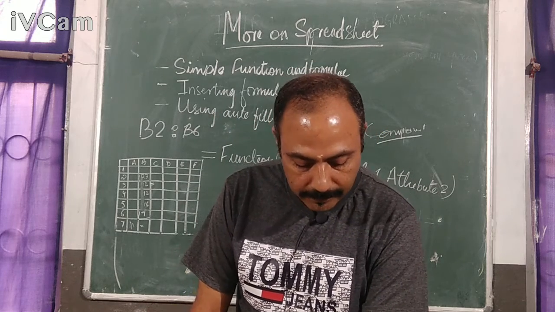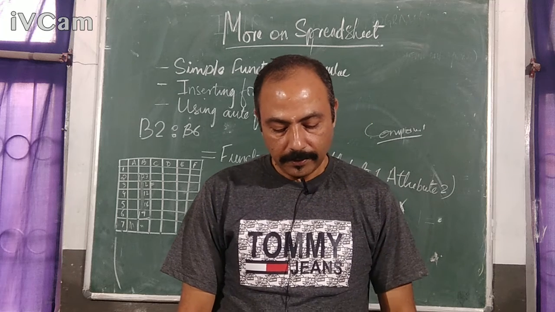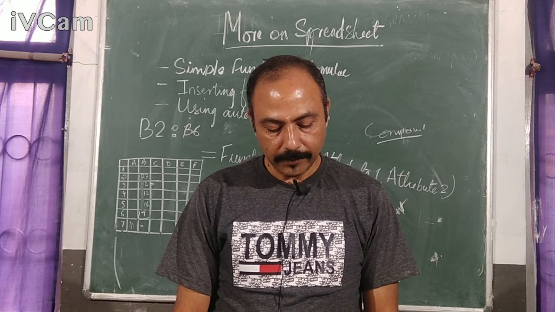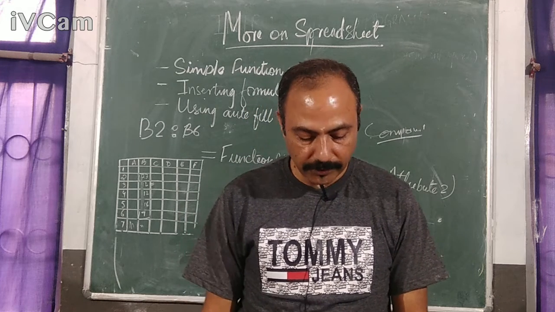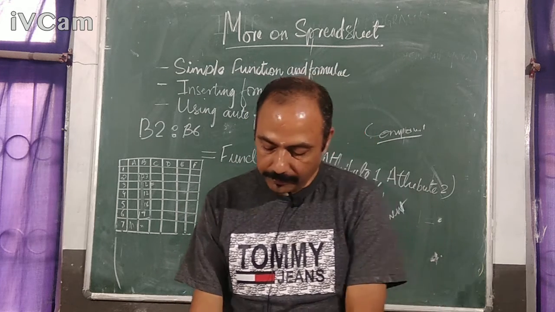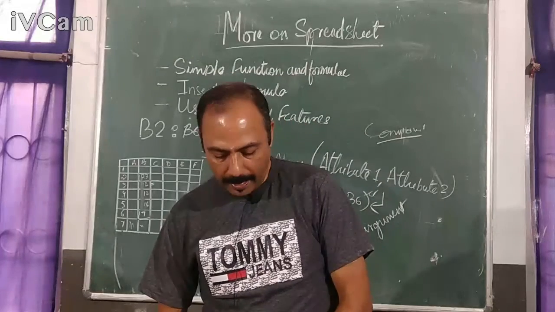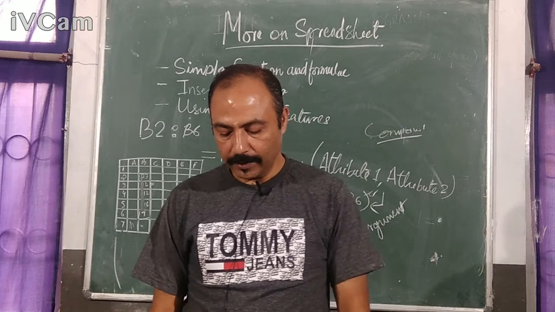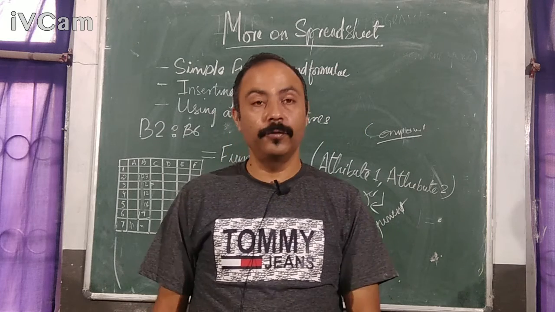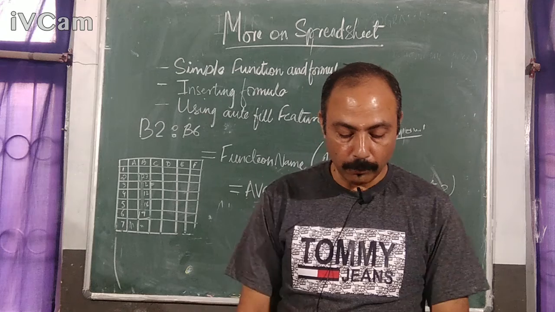If you need some other functions, select the More Functions option and you get a dialog box. But if you want sum, average, count, max or min, you can get them directly. For any other function, click on More Functions.